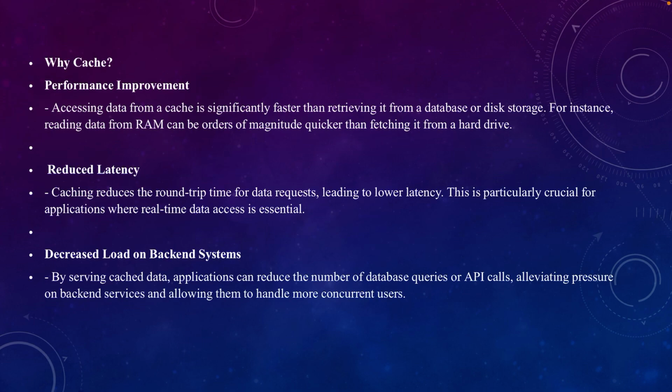Then we move to decreased load on backend systems. Decrease load on the backend system by serving cached data. Applications can reduce the number of database queries or API calls, alleviating pressure on backend servers and allowing them to handle more concurrent users.